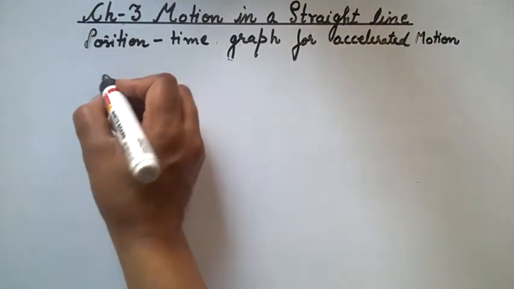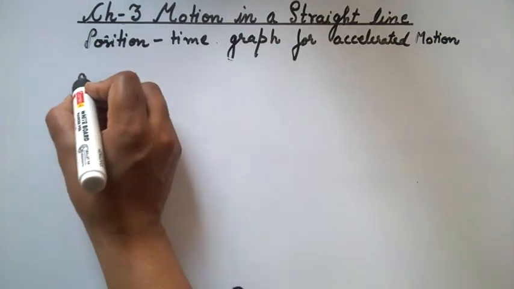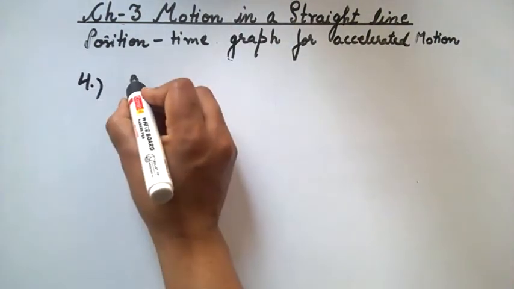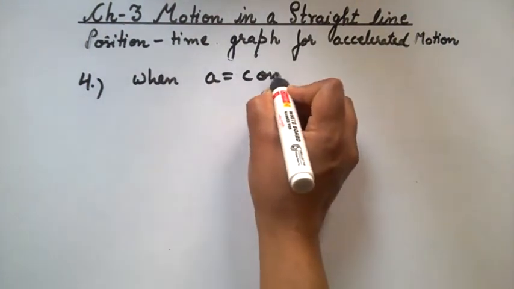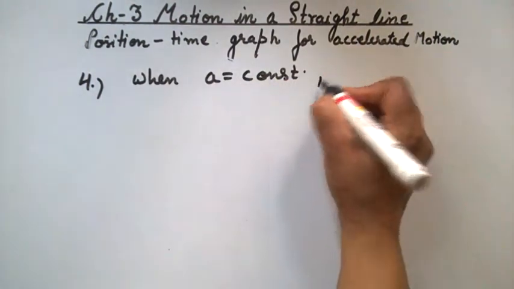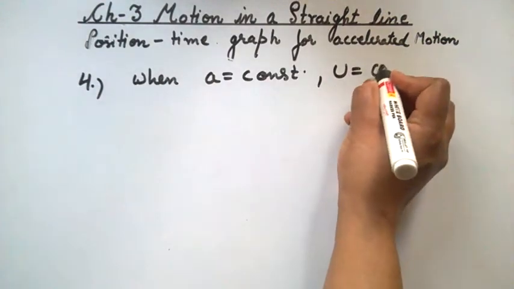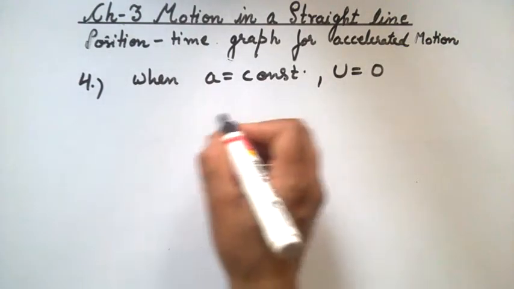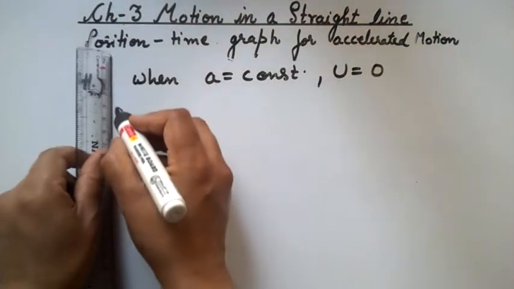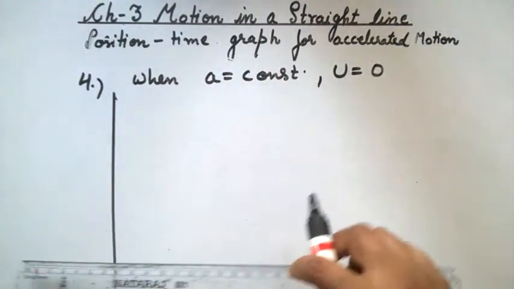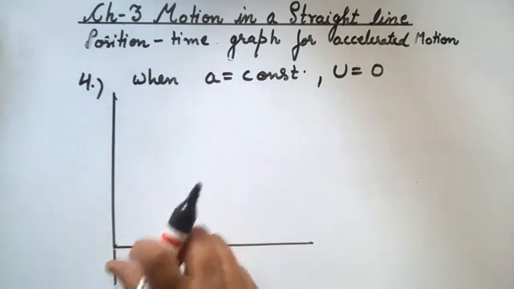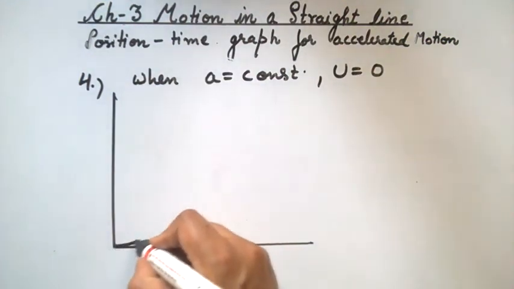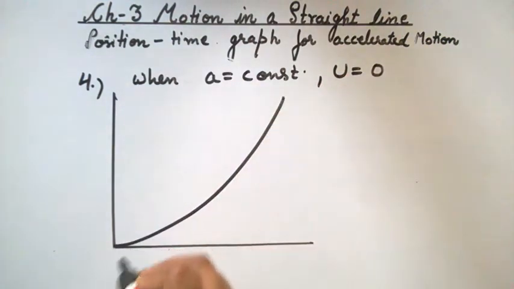And we have studied that when acceleration is constant and the initial position is 0, then the graph will be like this.